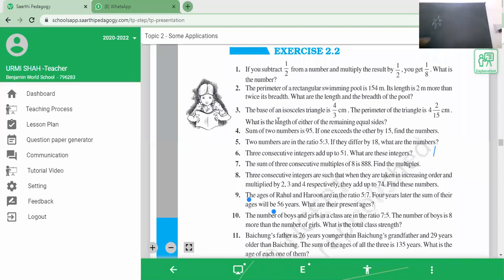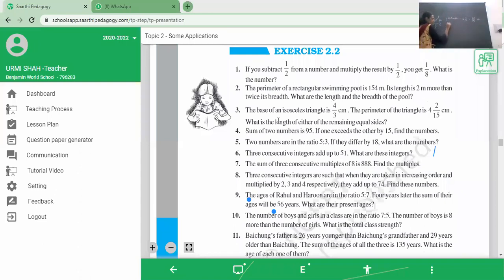And the whole perimeter is given as 4 into 2/15. तो क्या हुआ? 15 fours are 60, 60 plus 2, 62/15. This much meter is given to us.